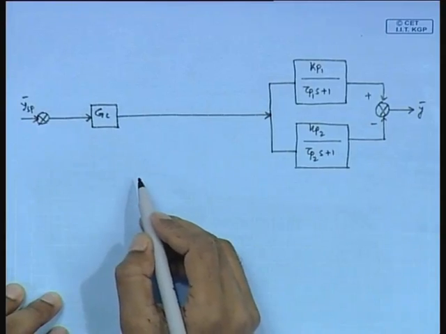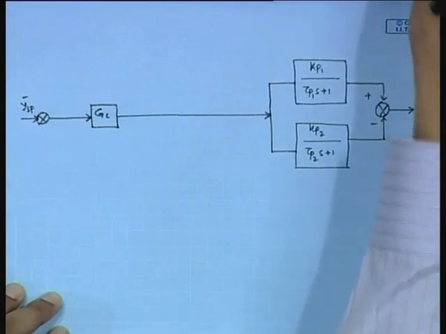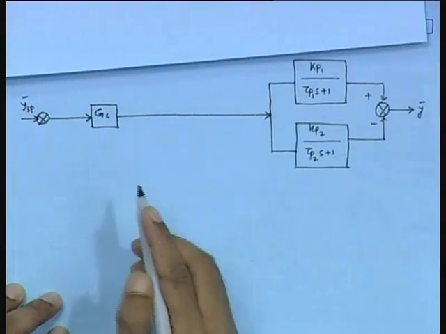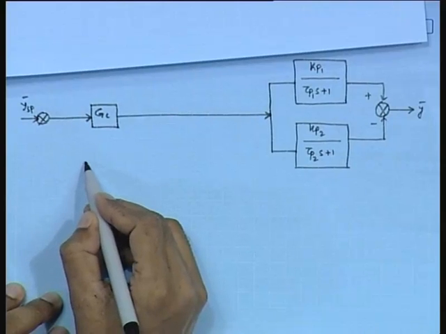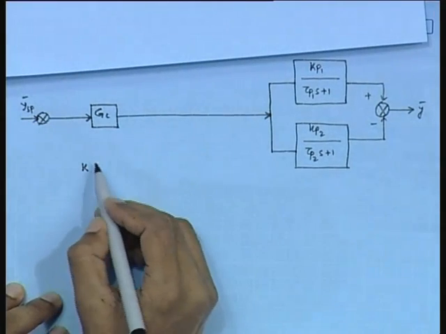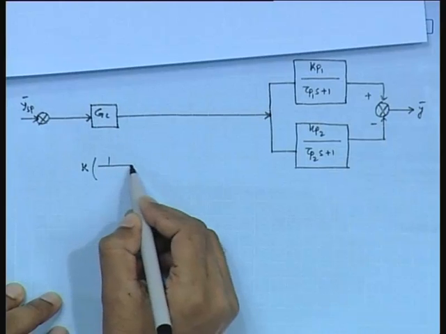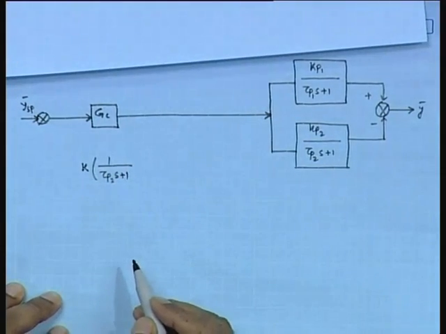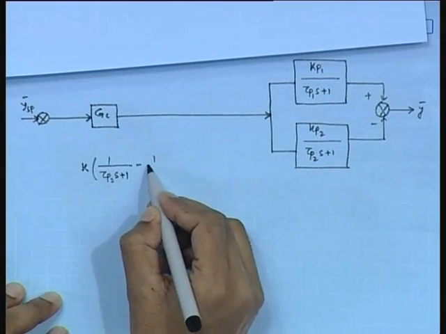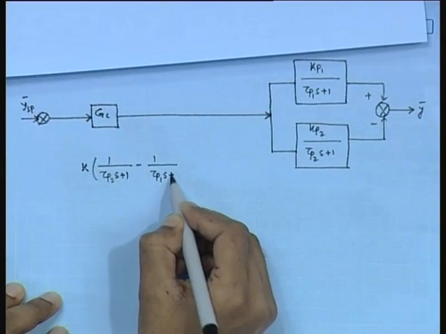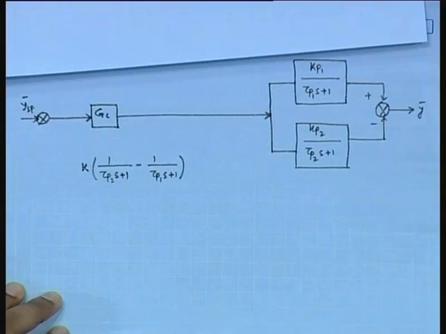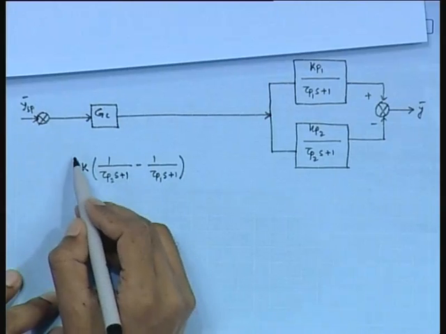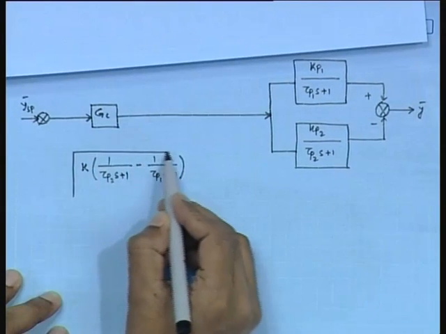Now, we will place the compensator here. You see the transfer function of the compensator. The transfer function of the compensator can be expressed as k multiplied by 1 divided by tau p2 s plus 1 minus 1 divided by tau p1 s plus 1. Agree? This is the transfer function of the inverse response compensator.